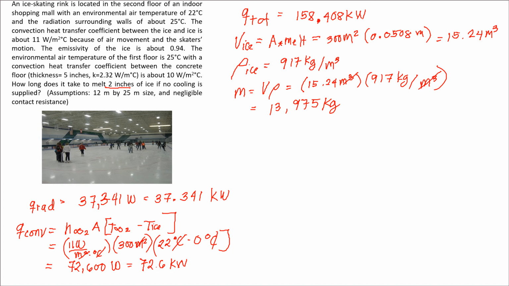Okay. Therefore, the latent heat of fusion involved in 13,975 kilograms will be equal to the latent heat of fusion of the ice multiplied by the mass.